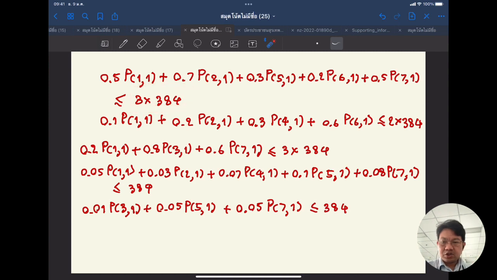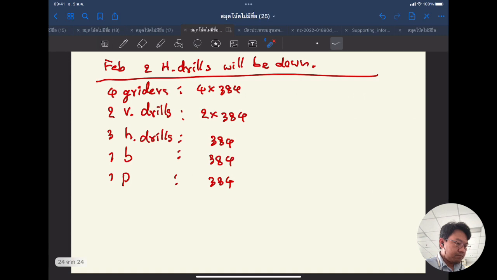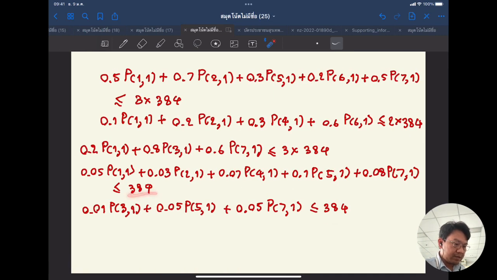This number will be changed for February, because now we have 4 grinders in February, so 4 times 384, and for vertical drill, of course, it's exactly the same. But for horizontal drill, we have only 1, so this becomes 1 times 384. For borer and planer, it's exactly the same. And on the right hand side, you have to change everything to 2, and change J to 2.